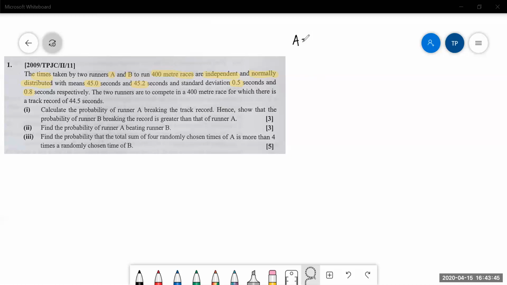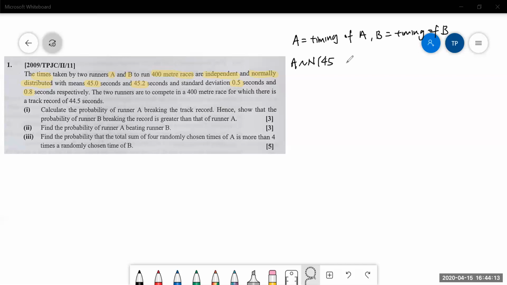I will let A be equal to the timing of A and B be equal to the timing of B, of course. So A will follow normal distribution. After that I will define the distribution. It will be equal to 45.0.